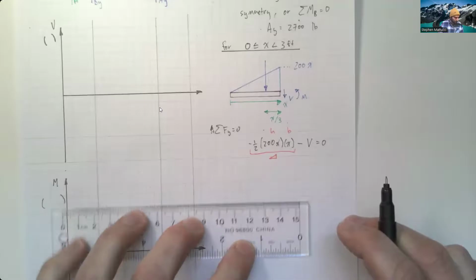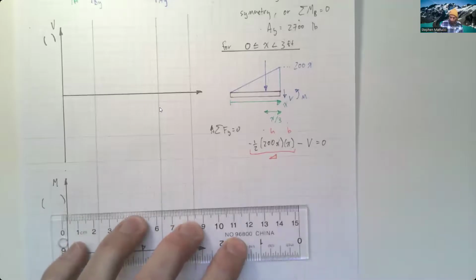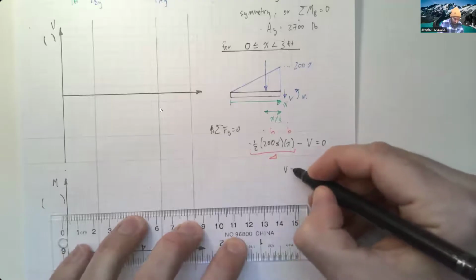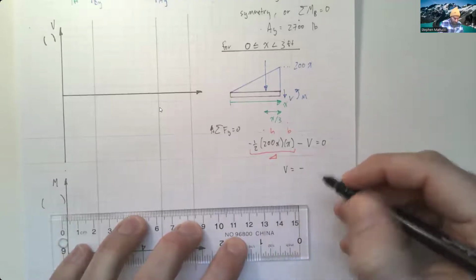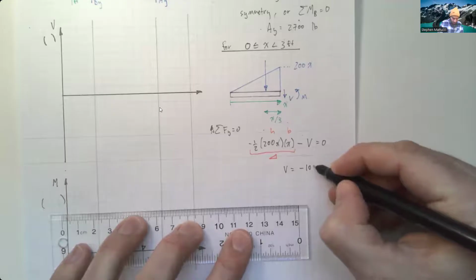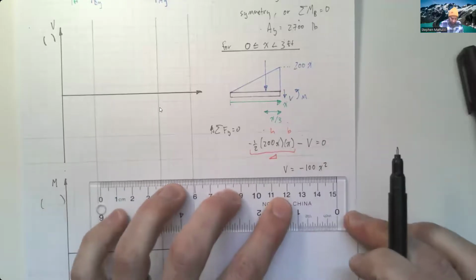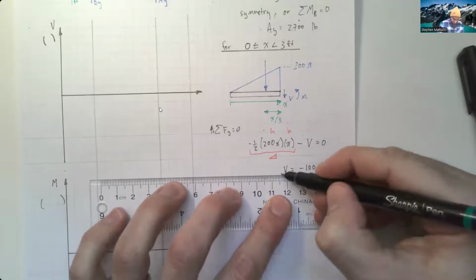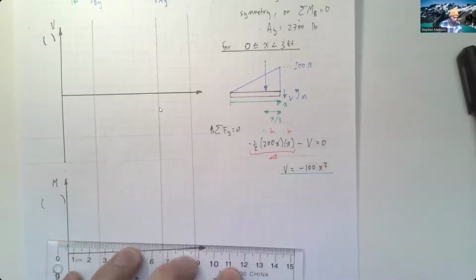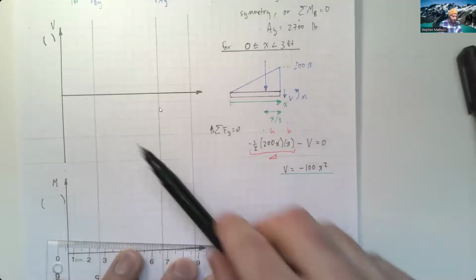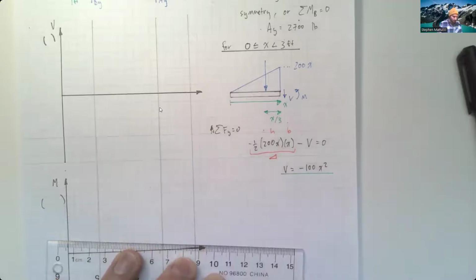And so when we solve for this, we get shear V is equal to negative 100x squared. Okay, so negative 100x squared, we can now plot that up here in our shear diagram.